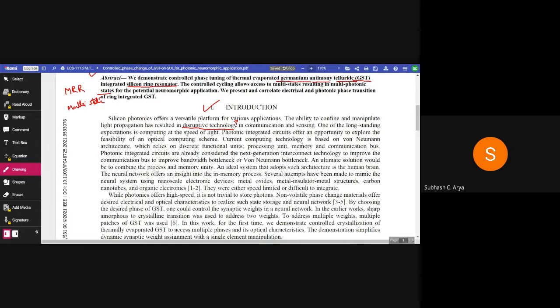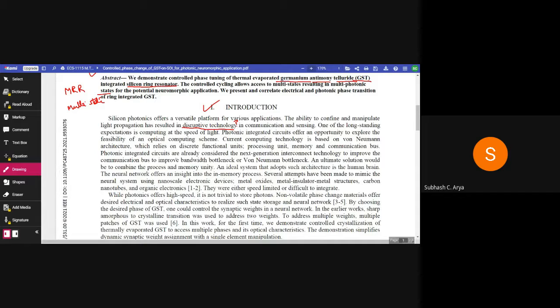Current computing technology is based on von Neumann architecture, which relies on discrete functional units: processing unit, memory, and communication bus.